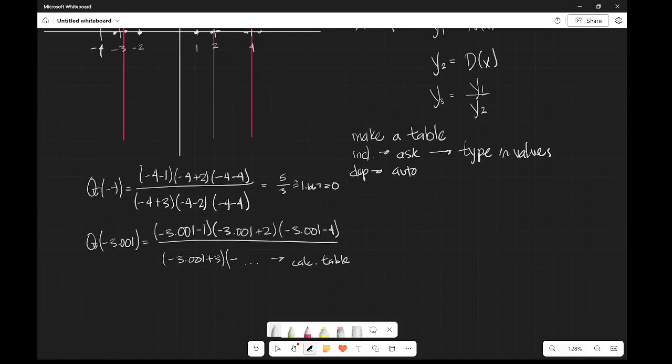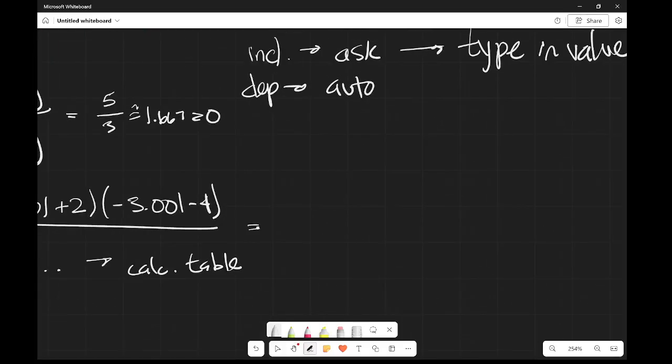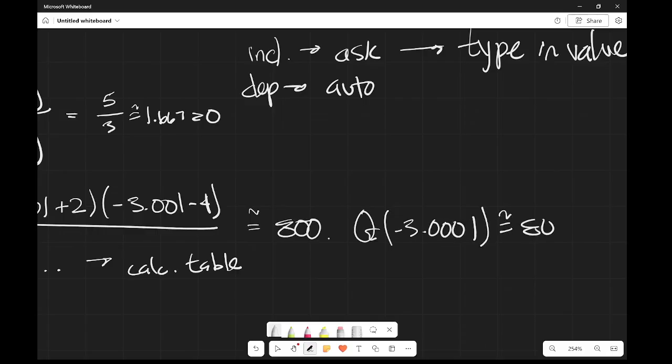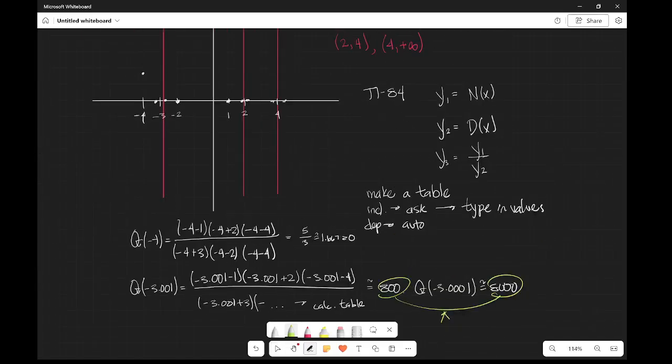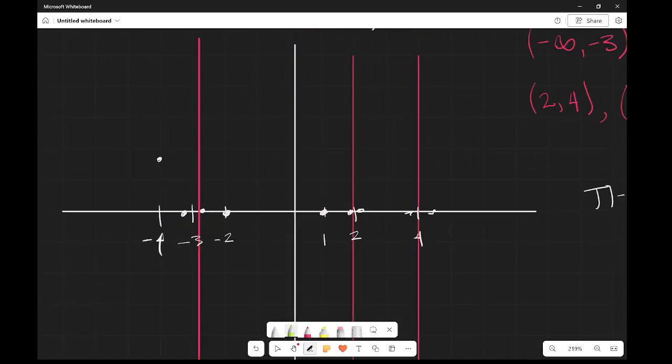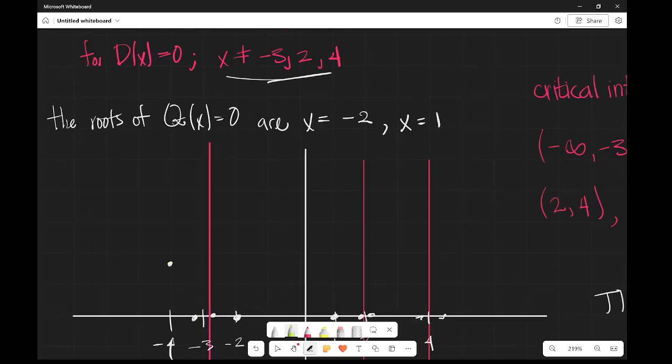We end up getting, for these values, approximately 800. And then what I did was, okay, well, let's get even closer to -3 from the left. And then I ended up getting like 8,000. This is growing from here to here. We're going up, and pretty rapidly, right? So this means that as we approach this asymptote, the function is going to go straight up.